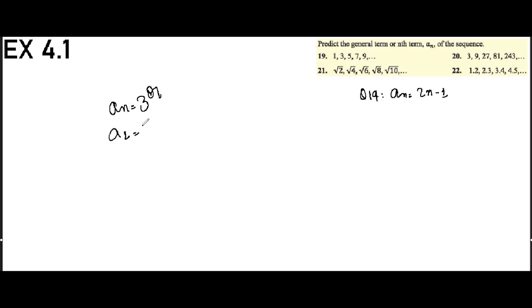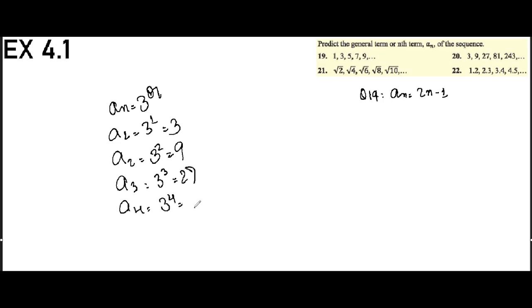So a1 equals 3 to the power 1, which is 3. a2 equals 3 to the power 2, which is 9. a3 equals 3 cube, which is 27. a4, which is 3 to the power 4, equals 81. So for question number 20, we have a_n equals 3 raised to the power n.